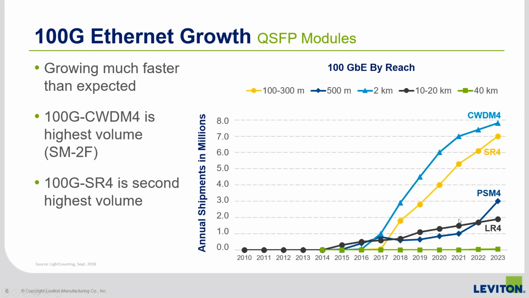And then you see the PSM4, which is single mode parallel, and LR4, which is the long reach duplex single mode. So you see it really just started a few years ago, and 2016 and 17 saw a pretty good ramp up, continuing through this year and beyond as things move forward.